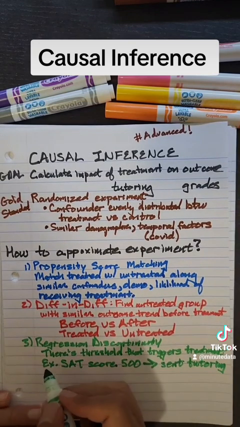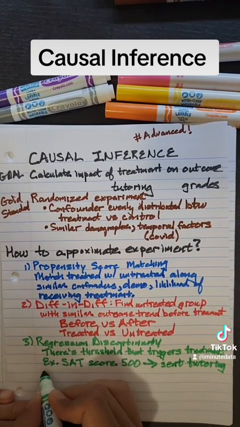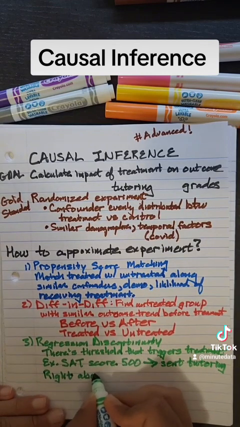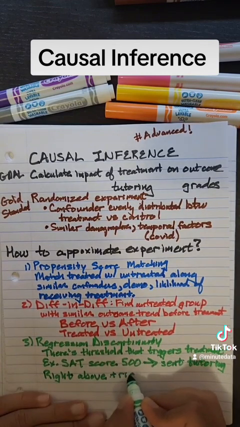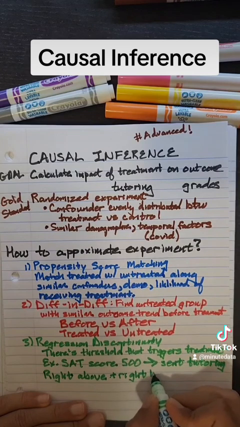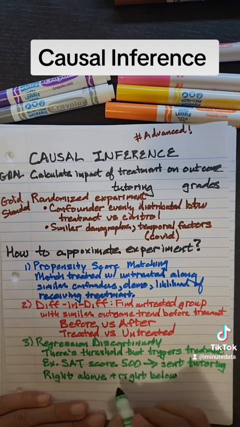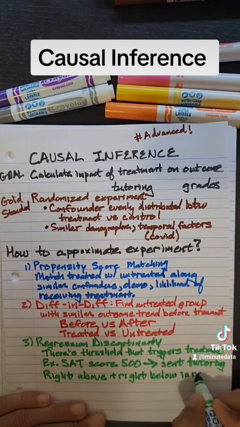With regression discontinuity, we're looking at folks right above and right below the threshold. Scoring right above or right below the threshold is random.